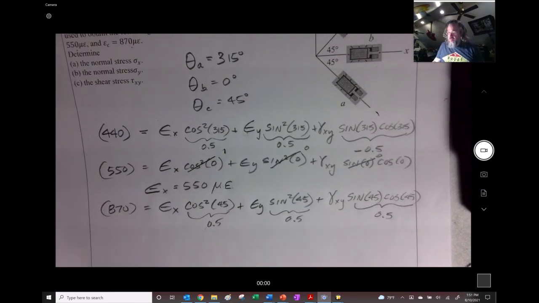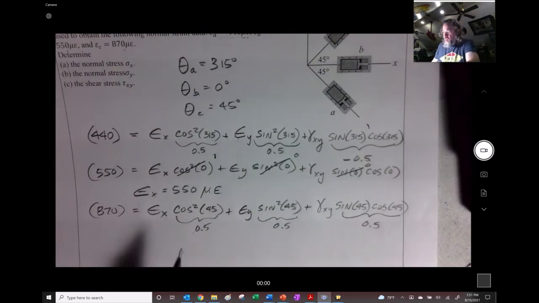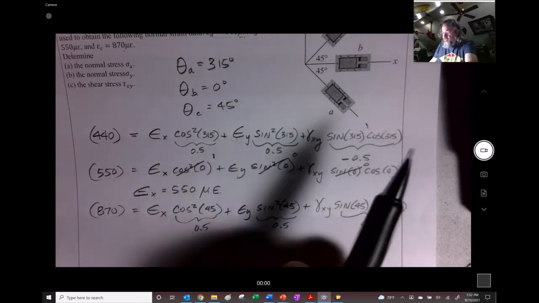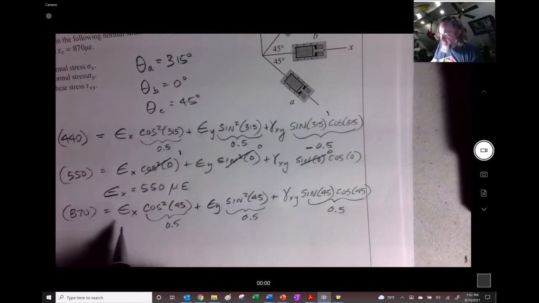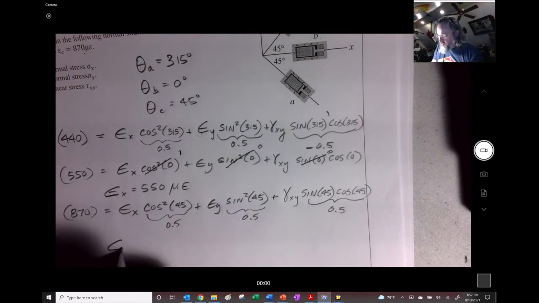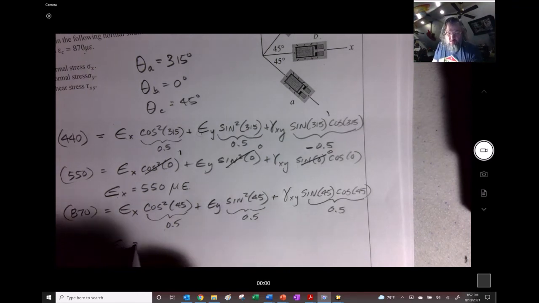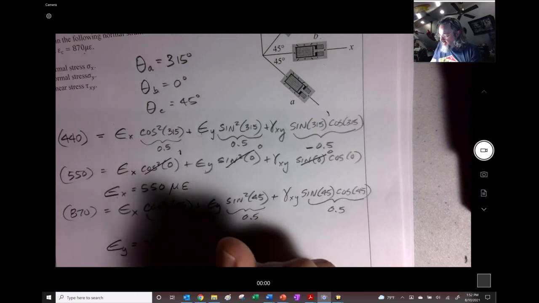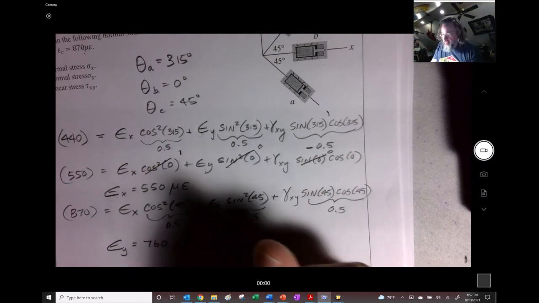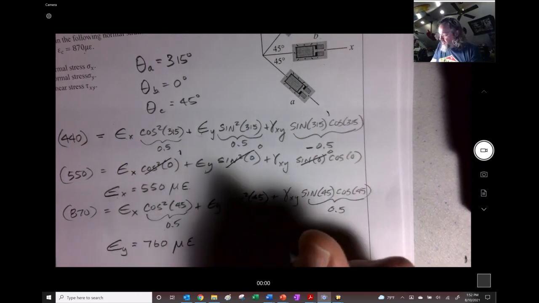So there's our two equations and two unknowns, right? Because we know epsilon x, we could put it into both of those equations, and so we could solve this simultaneously, and if we do that, I won't bother with that, but we could. We get 760 microstrains, and then our gamma xy from that gets 430 micro.